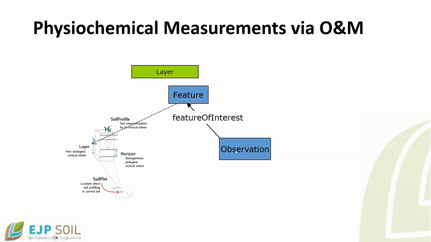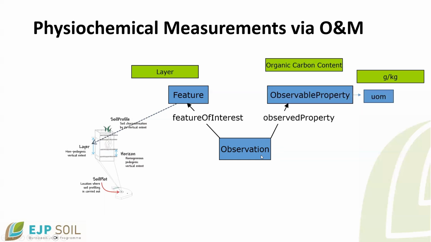The observation will be linked to the layer through the feature of interest association. The observation in the O&M is generally associated to its feature of interest, which can be a plot or a soil profile. In this case, however, it will be a soil profile element, specifically a layer.